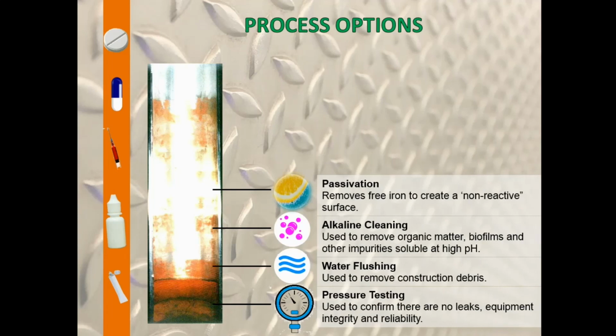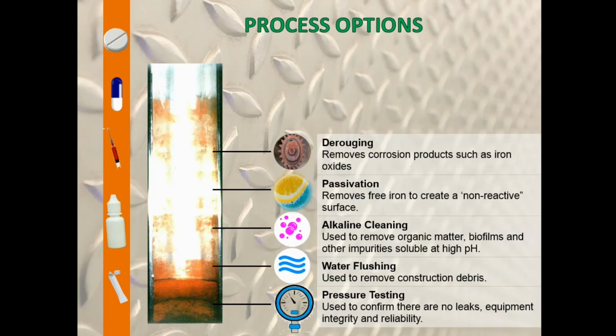In passivation, we eliminate the free iron and create a non-reactive surface. If the corrosion is generalized before passivation, we will need pickling. Pickling is the removal of oxides with acids. In the case of water loops and cleansing systems, we call it derouging.